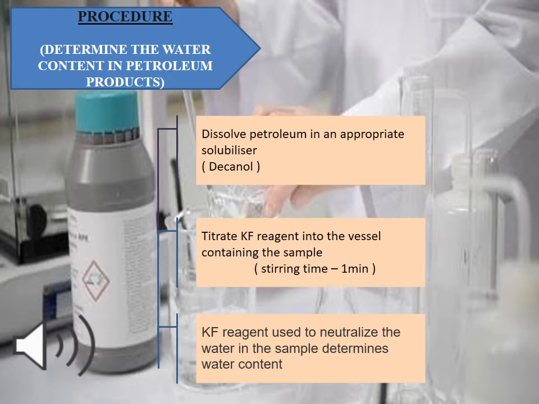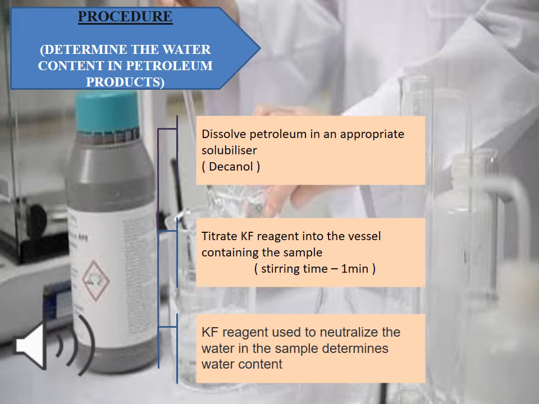For the saturated and the unsaturated hydrocarbons, that are the petroleum products, mainly long chain alcohols are used as the solubilizer, that include decanol, propyl alcohol, toluene, chloroform is also sometimes used, and xylene is also used. It depends upon the type of the petroleum product, whether it is saturated or unsaturated or aromatic, depending upon their properties.